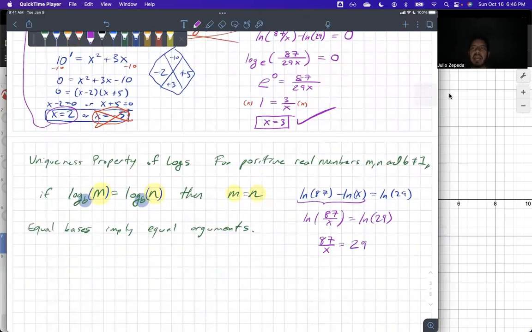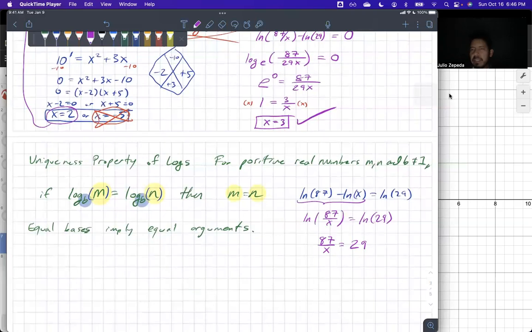You have to have a log on each side in order to be able to do this, and they have to have the same base. And there must be nothing else. If there was a +1 over here, the uniqueness property would no longer work. It has to be just a log equal to a log, nothing else, and they have to have the same base.